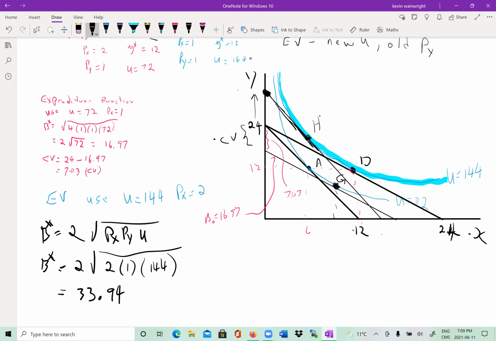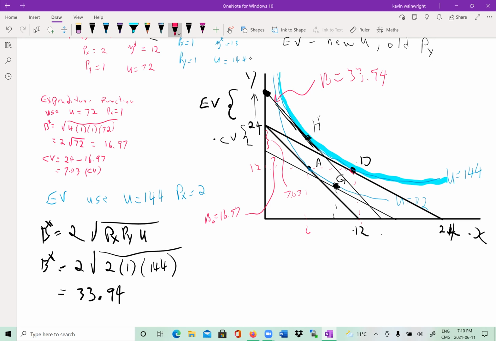So this difference in here, this is my EV. And the budget line here is a budget equal to 33.94.